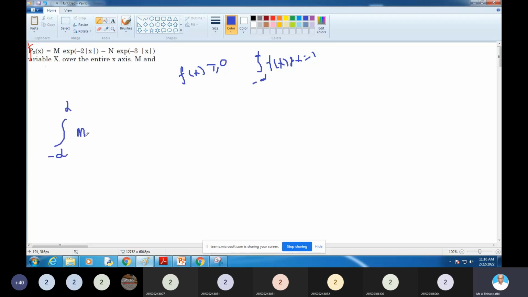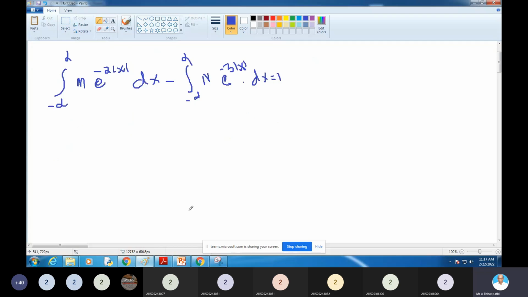Integral over minus infinity to plus infinity, m into e to the power minus 2 modulus of x into dx. Now applying linearity, separate the integral minus integral over minus infinity to plus infinity, n into e to the power minus 3 modulus of x into dx, is equal to 1.